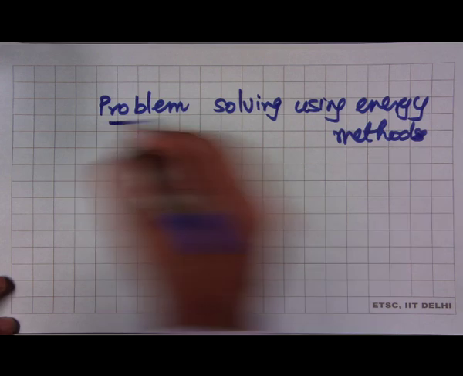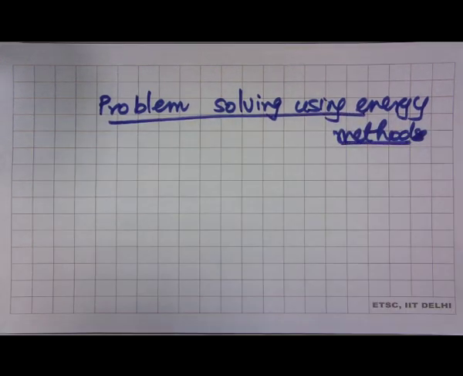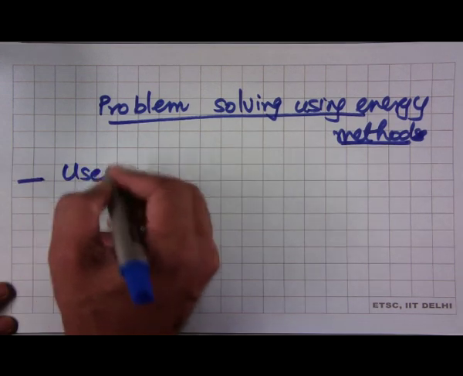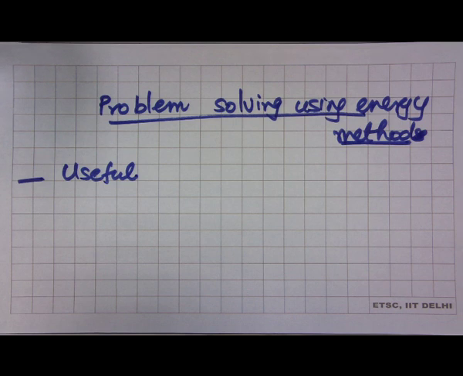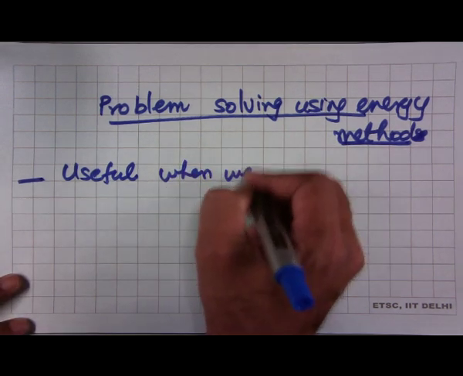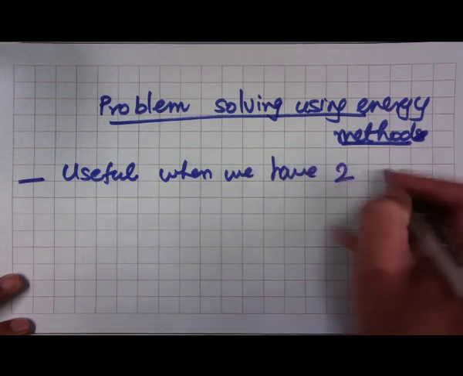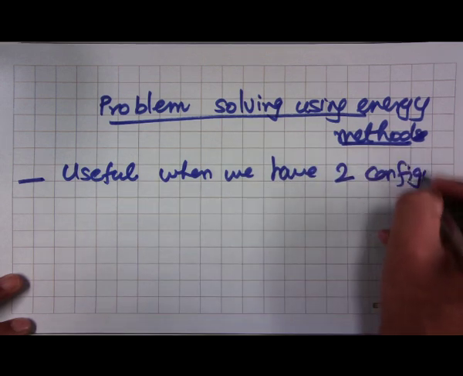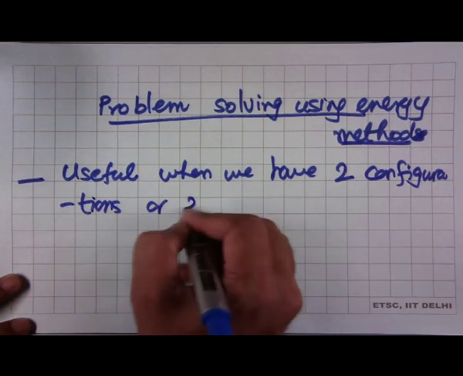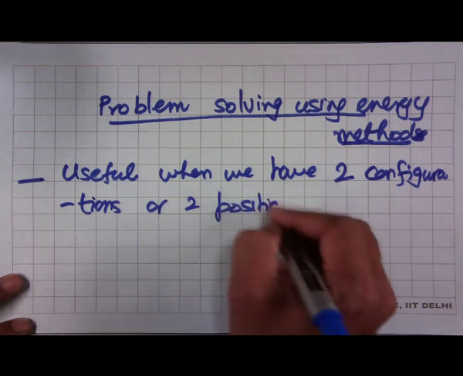Now, the energy method is useful, and you will find it's often simpler to solve problems using the energy method, which I will explain why. It is useful when we have two configurations or two positions of a body.